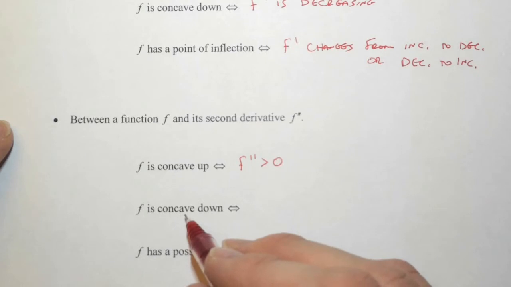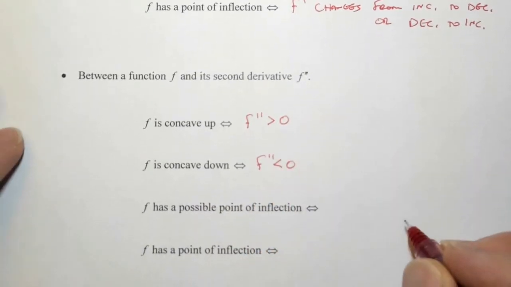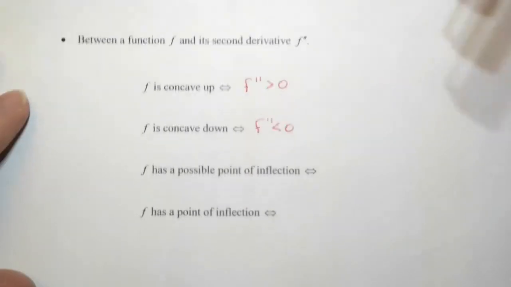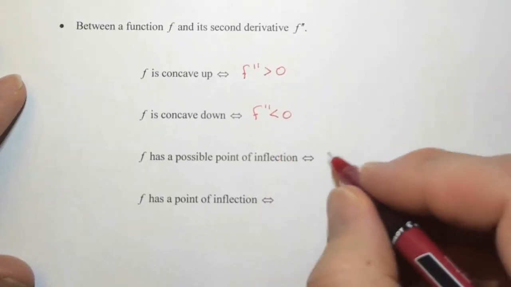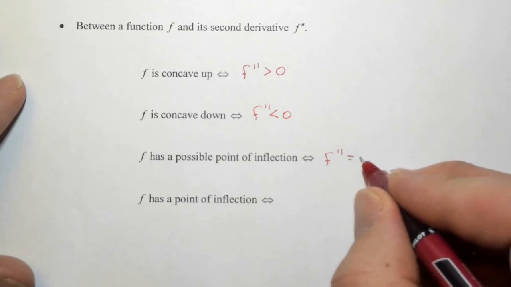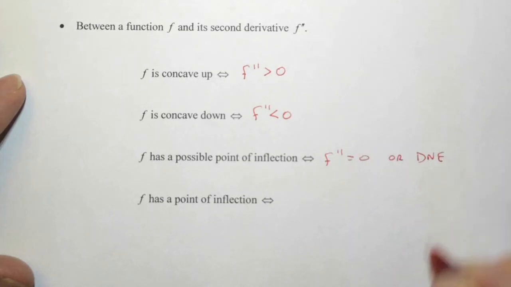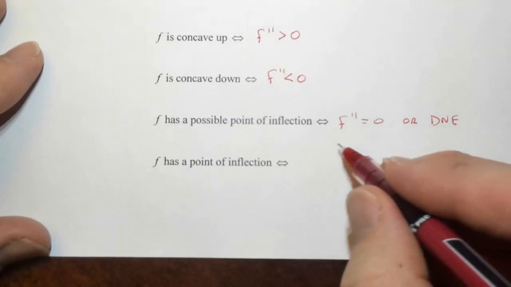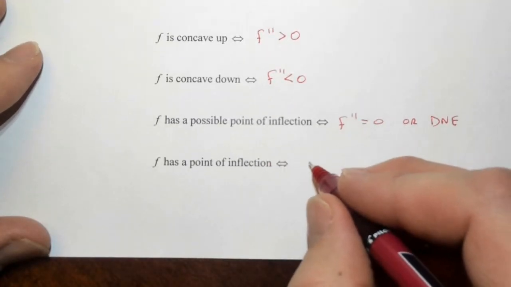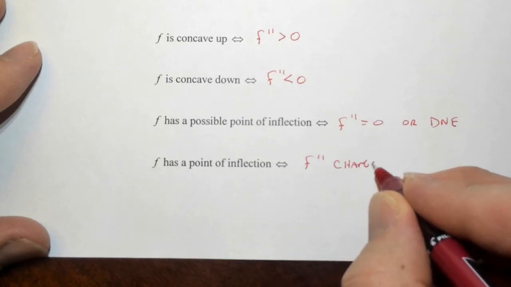A function is concave down when f double prime is negative. A function has a possible point of inflection, we already talked about this, when f double prime equals 0 or does not exist. And a function has a point of inflection when f double prime changes sign.